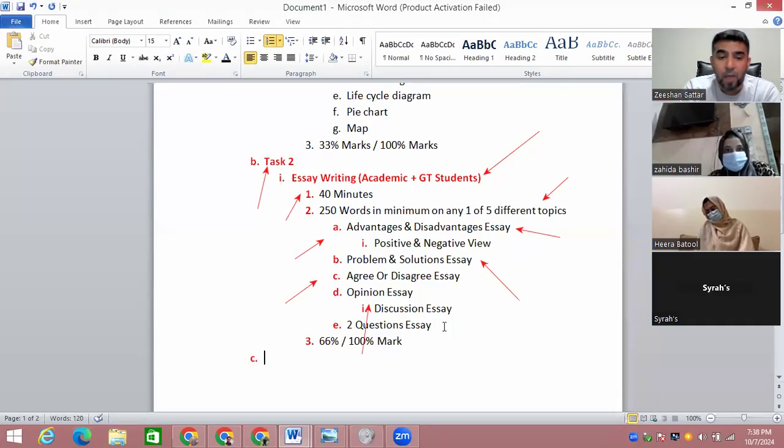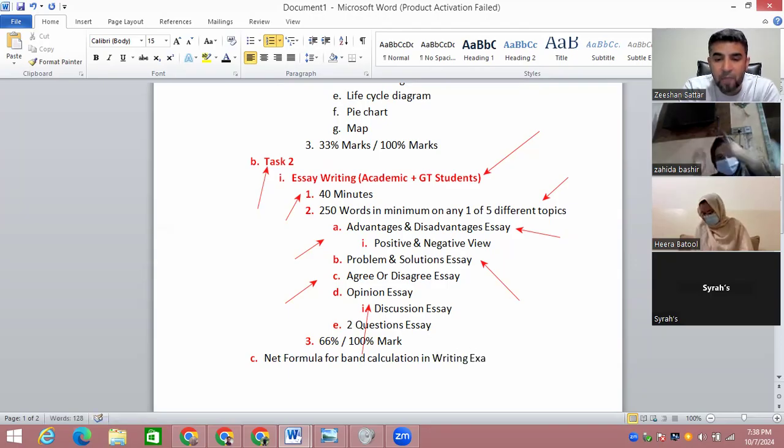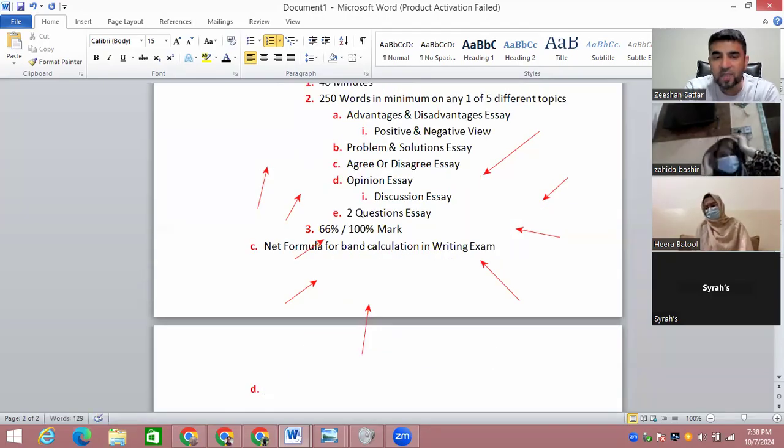So the net formula for band calculation in the IELTS writing exam. What is the net formula?